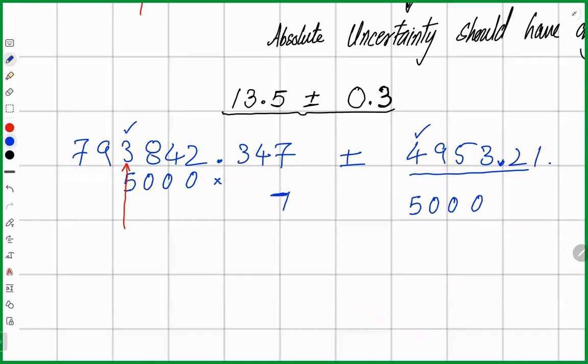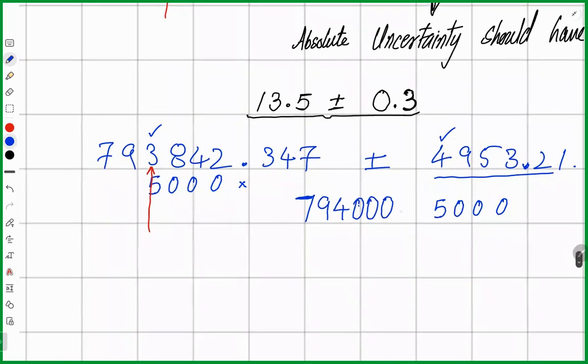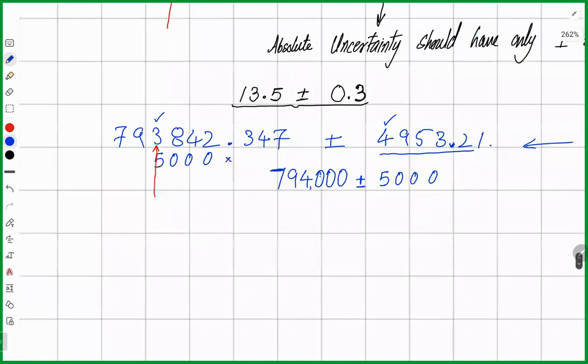So 7, 9, the 4 comes forward, it should stay 3. Good. Then, because it is again a whole number, I have to replace the digits that I'm ignoring with zeros, and plus and minus. So this will be the final answer.